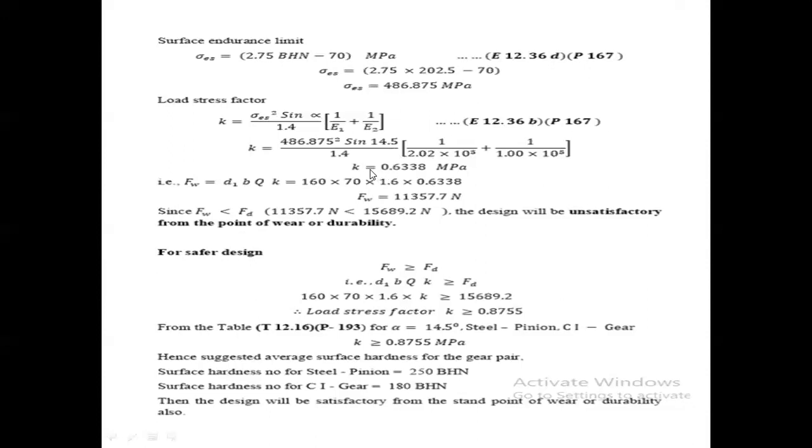Substituting, K is equal to 0.336338. Once you have the values for Q and K, substitute in the above equation so that you get FW, the wear load, as 11357.7 Newton.